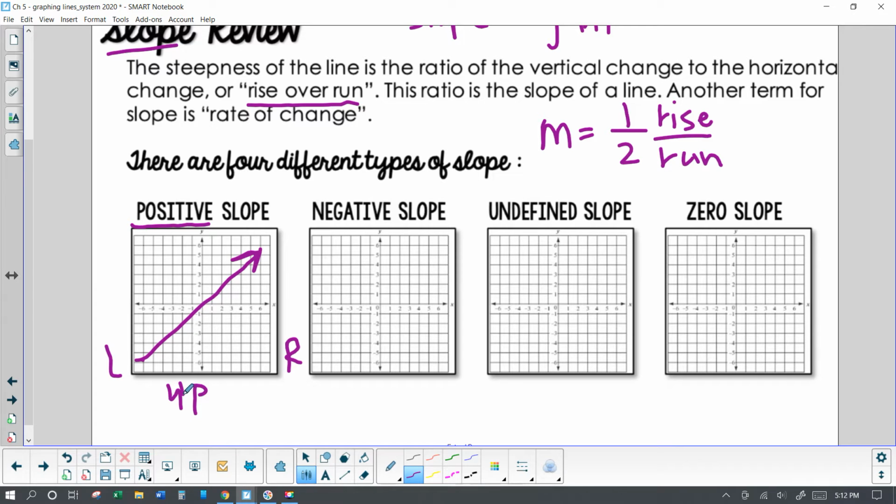If my slope is a negative number, like if m is equal to negative 3/4 or negative 1/2 or any negative number, then from left to right, that line is going to be going down.